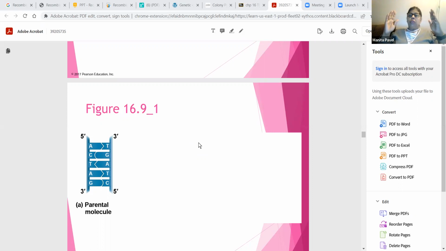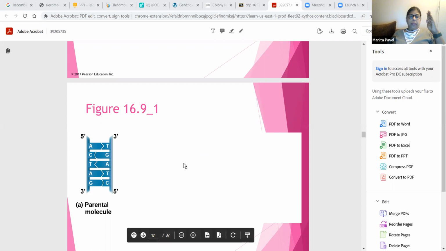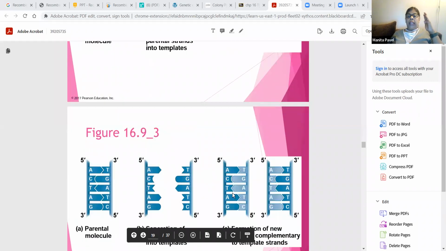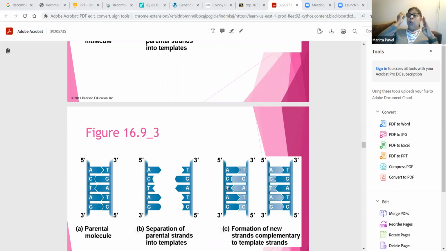So these 2 strands now, each strand, each parent molecule now, they separate out with the help of DNA helicase enzymes. Therefore, each strand is now going to make a partner strand, which is called the daughter strand or the complementary strand.